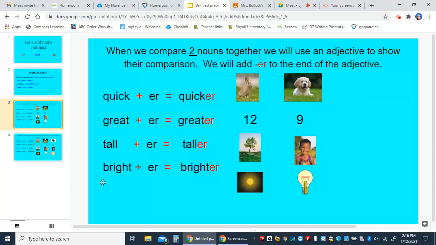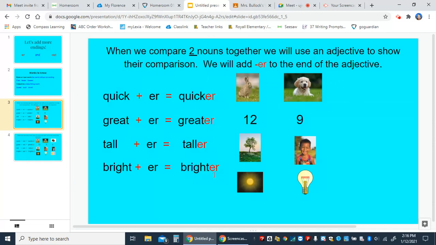My next example is bright. Look at my picture. I have a picture of the sun and a picture of the light bulb. Which do you think would be brighter? You're right, the sun. So we just wrote our word bright. We didn't make any changes to it.